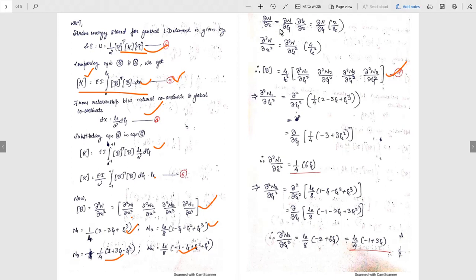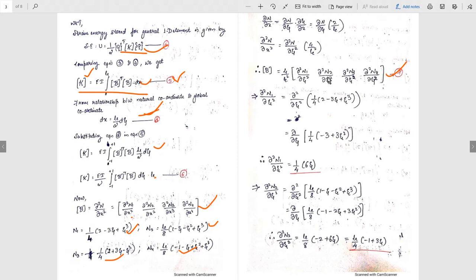Again we'll apply the chain rule: dou N upon dou x equal to dou N upon dou xi into dou xi upon dou x. From this relation we can write dou xi upon dou x as 2 by Le. Squaring this term, this is what you get: dou square N by dou x square as dou square N by dou xi square into 4 by Le square.